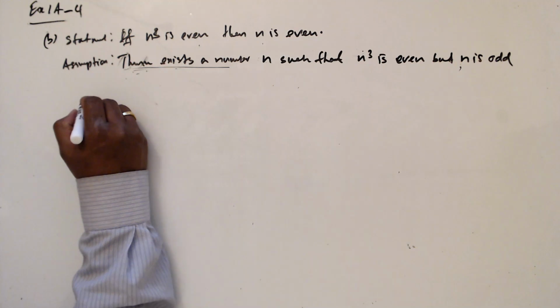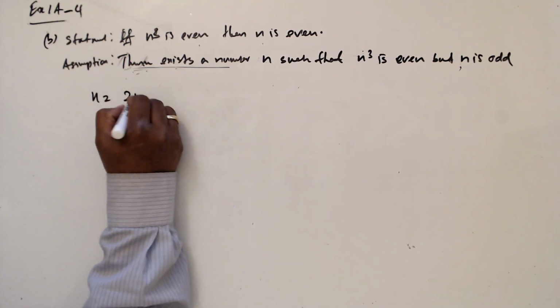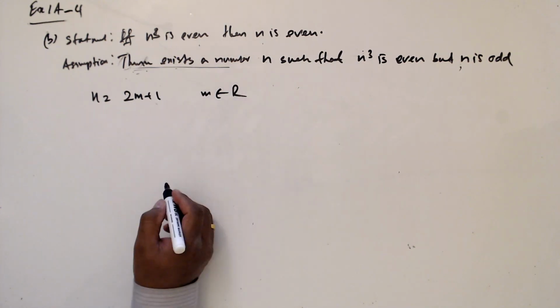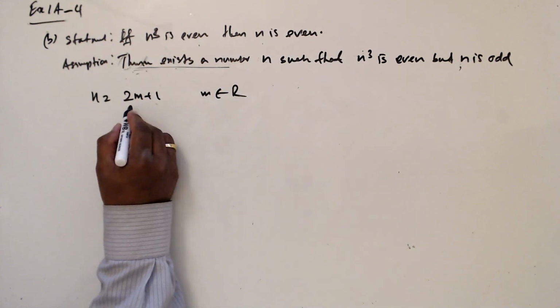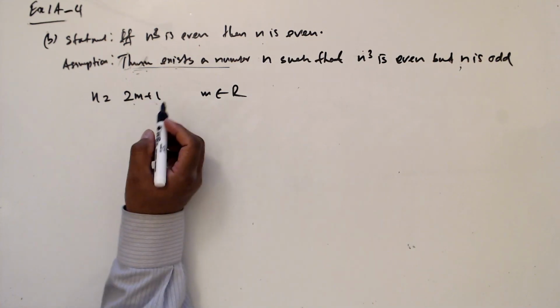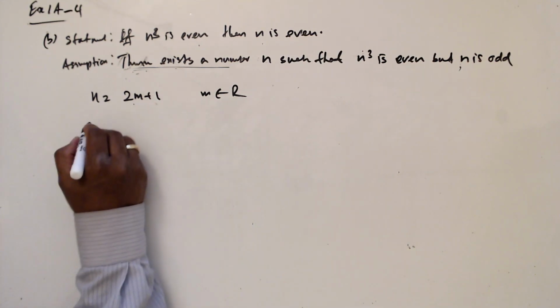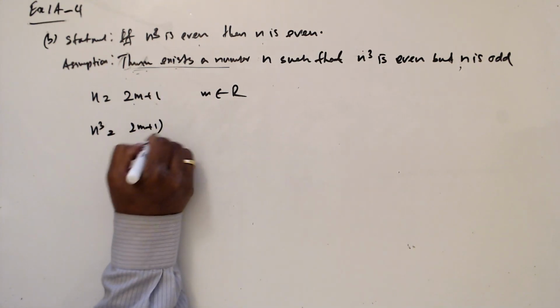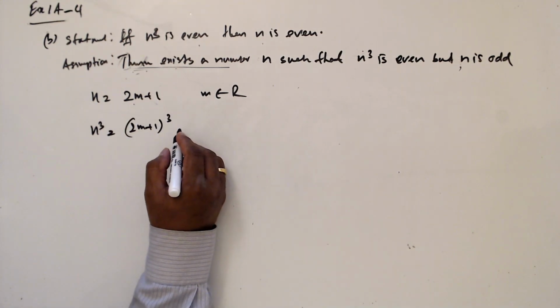So let's consider n equals 2m plus 1, where m is an integer. This is how we usually write odd: multiply by 2 and add 1. Then n cube is 2m plus 1 cubed.